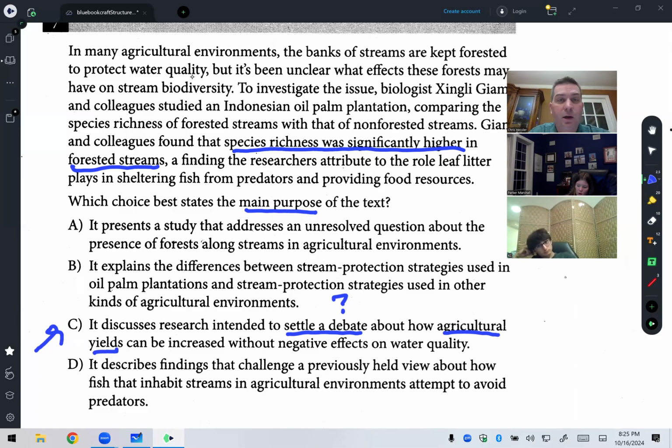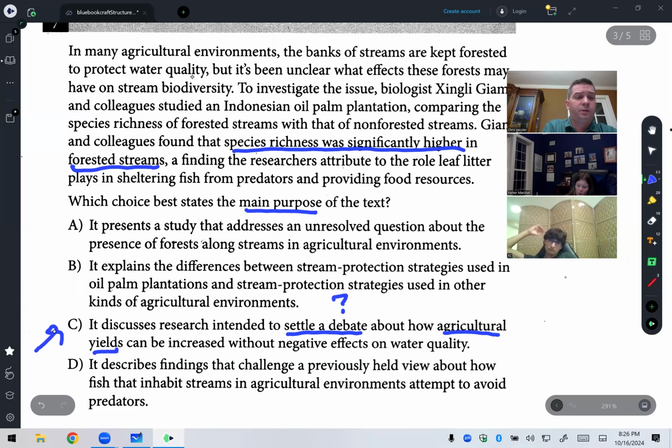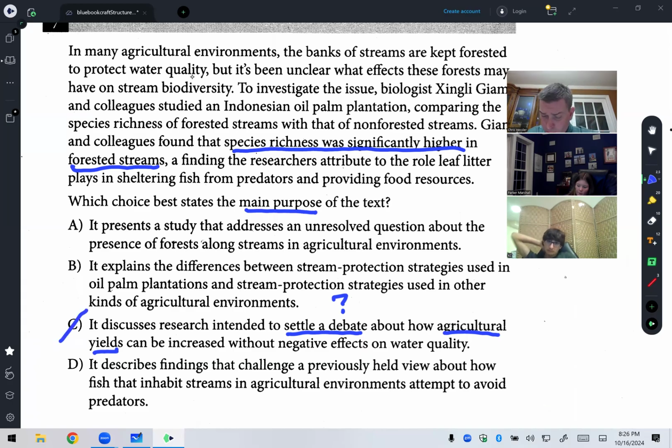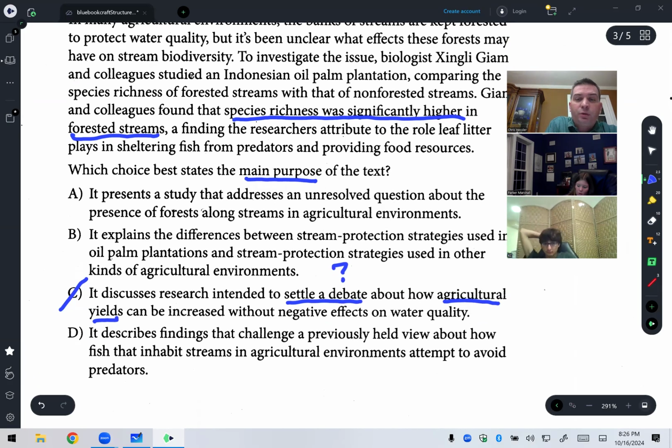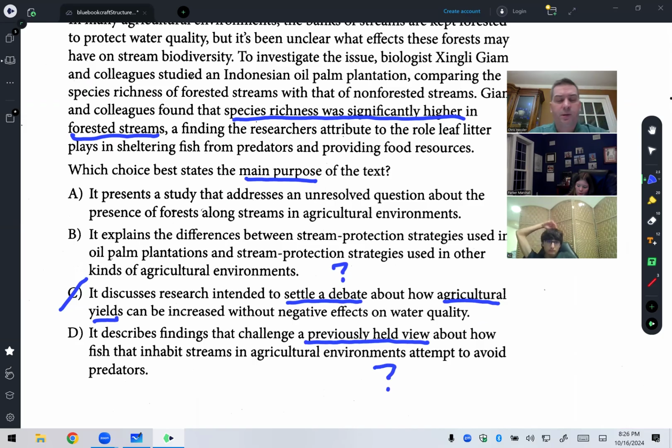I don't see anything in there about agricultural yields. I know that we're on a palm plantation, but that's not what the scientists were studying. I'm going to cross this one off. That's the wrong answer. Okay, let's look at D. Does it describe findings that challenge a previously held view? What previously held view? About how fish that inhabit streams in agricultural environments attempt to avoid predators. I don't think it's doing that.